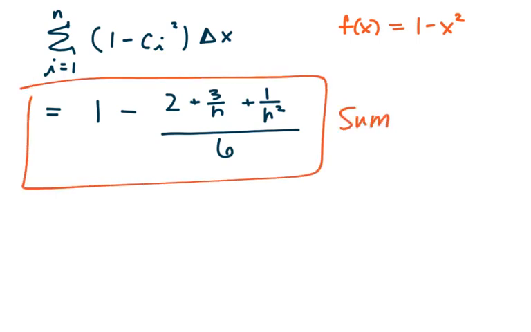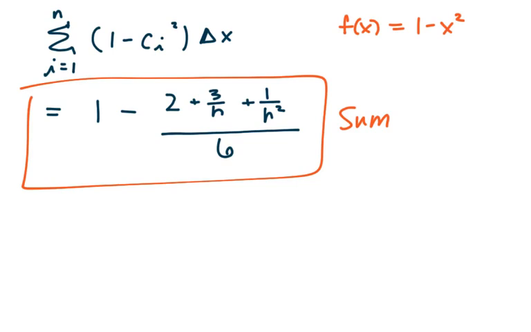Okay, we said we want to calculate the sum as n goes to infinity. So if we look at calculating n approaching infinity, we're calculating a limit. And I rewrote my sum like this because it was just going to be easier for me to calculate the limit.